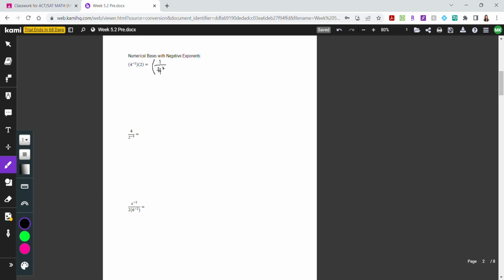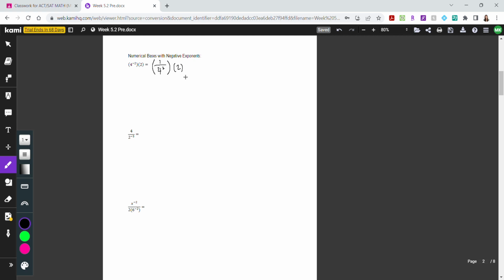Because when we flip it, the coefficient doesn't change. The only thing that changes is the sign for the exponent. So -2 becomes 2 now because we have flipped it upside down and made it positive. So we have 1 over 4 squared times 2. Now this 2, nothing happens to it yet, just because it has a positive exponent.